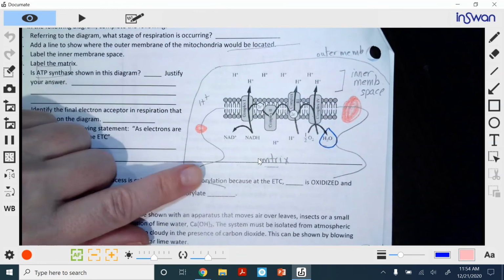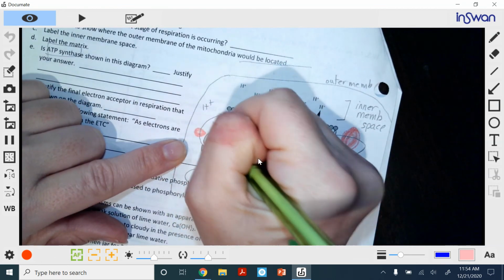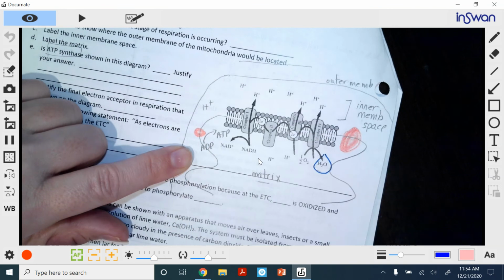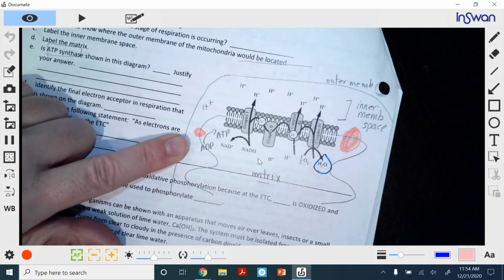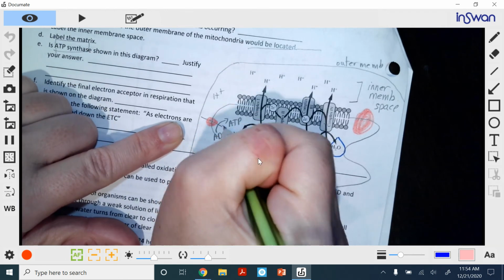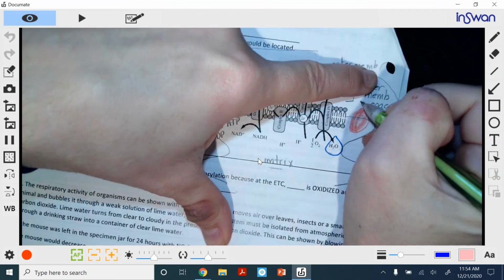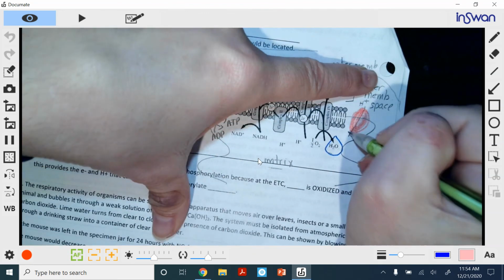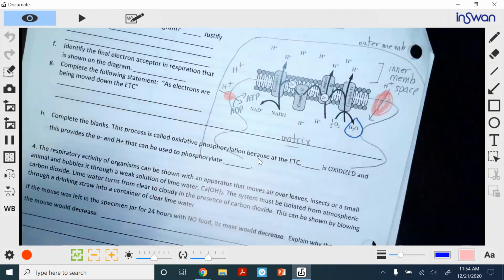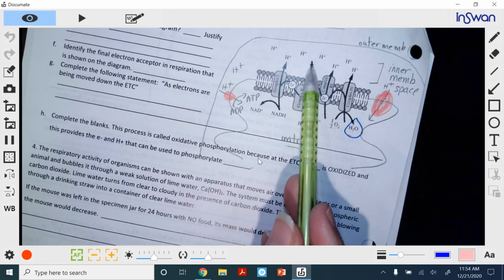You have to see a couple different things. Sometimes they'll show ADP getting turned into ATP, so then you would know that's ATP synthase. They also would be showing you things like the H pluses flowing through it. If you see those protons flowing through it, then you know you've got ATP synthase, because that's the only place they can cross from high to low concentrations. In this situation, they're moving from low to high.